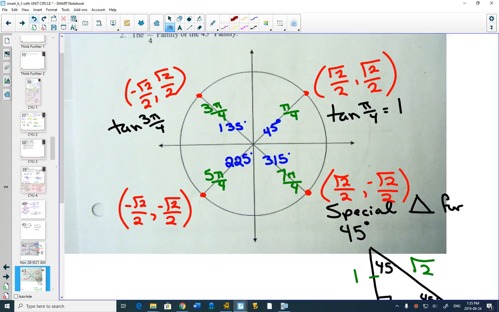But since the big idea says tan is sine divided by cos, if I did root 2 over 2 divided by negative root 2 over 2, I'm going to get tan is negative 1 in quadrant 2. And in quadrant 3, it's going to be 1 again. But if I did sine divided by cos here, I'd get positive 1.